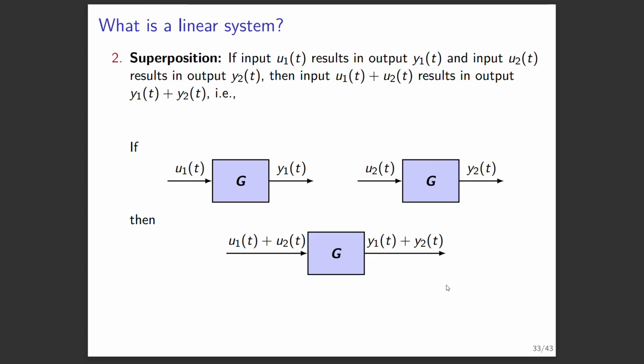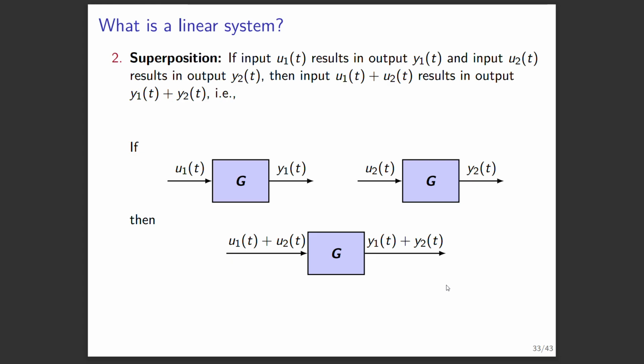We have seen this before in other courses. For example, if you have a circuit and I know that if the voltage supplied by the battery is 5 volts, I'm measuring the current or voltage of something in that linear circuit, and 5 volts in produces, let's say, 12 volts out.